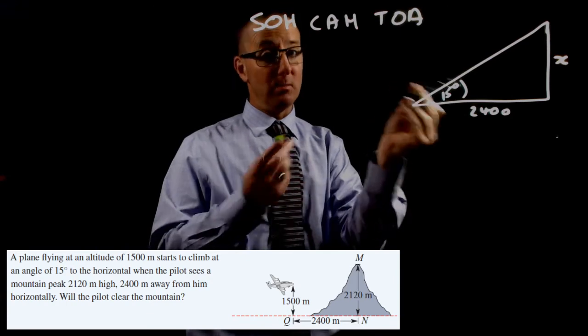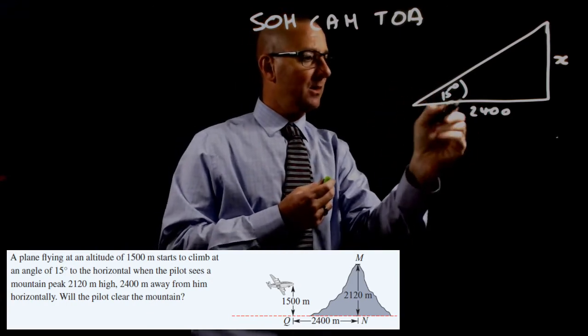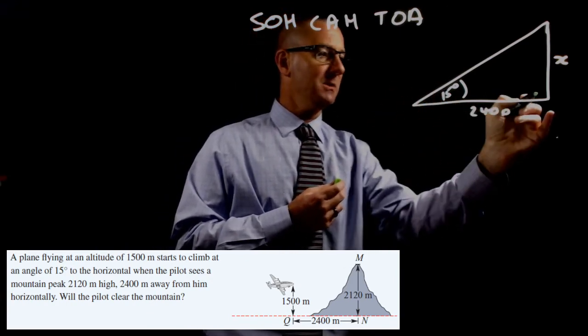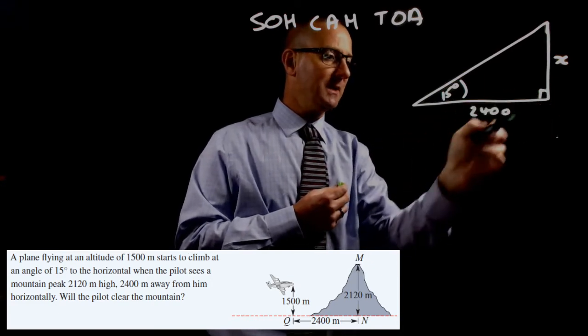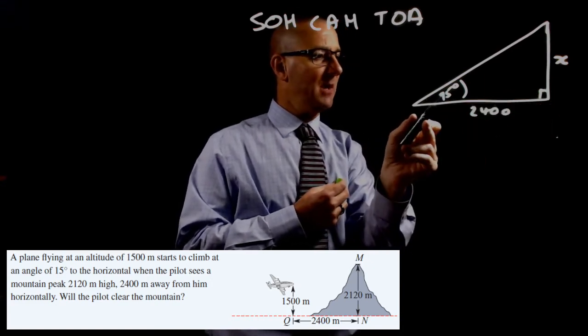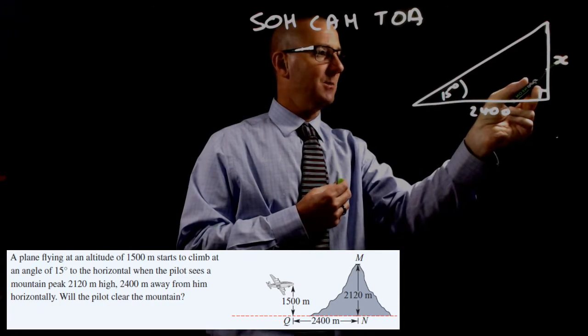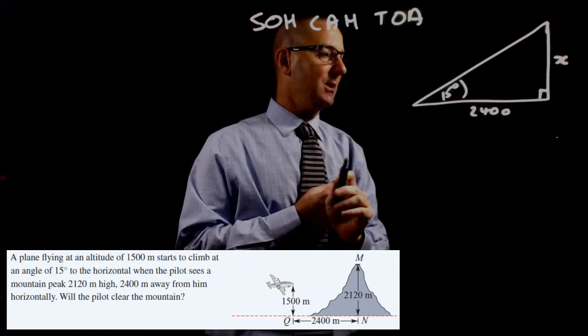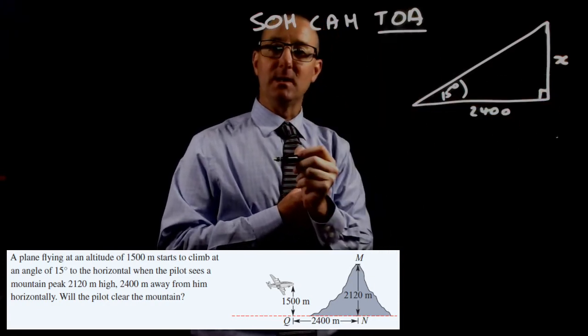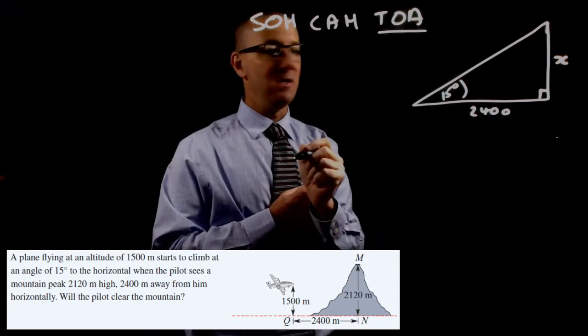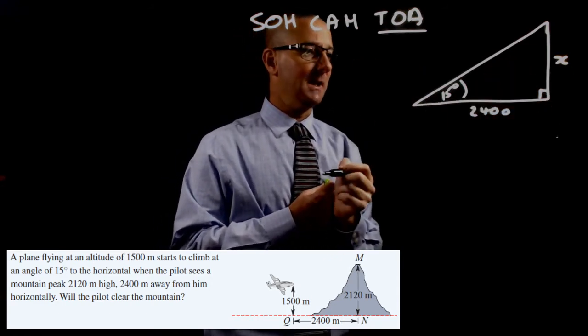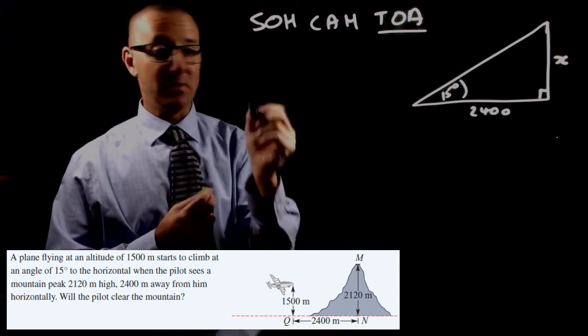And so when you look from the angle, we've got an adjacent measurement, because here's our right angle, there's our adjacent measurement, and we're trying to calculate the opposite measurement. So we've got the adjacent and the opposite, and that means that we're going to need to use the tan ratio to calculate x.